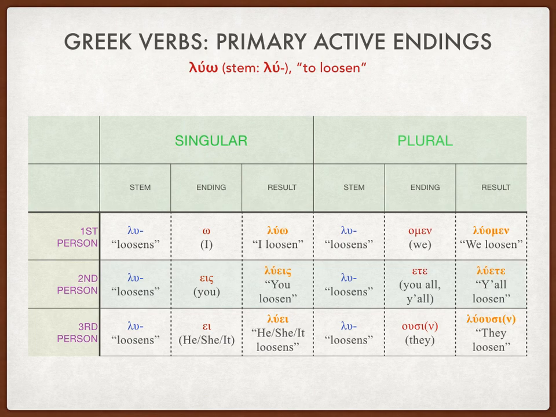Luete, y'all loosen, if I'm talking to all of you right now and I gave you all a bunch of knots to untie, I might say luete, you are all untying, you are all loosening. And then finally, if we're talking about somebody else separate from our conversation, I could say, they loosen, luousi. I'd add the ending, luousi, they loosen, they untie.